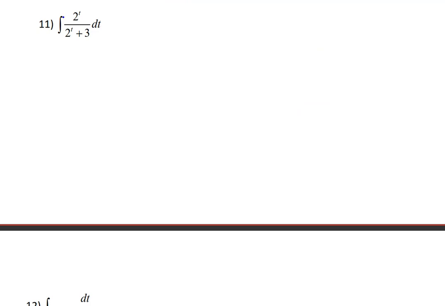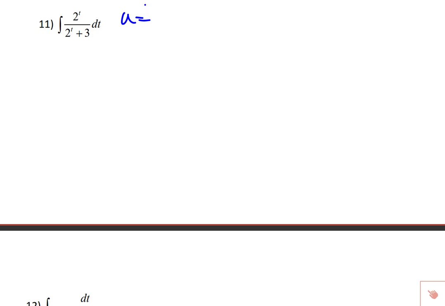For our next example, we have the integral of a fraction where the numerator is 2 to the t and the denominator is 2 to the t plus 3. Now we want to use a substitution to simplify this. We want to let u equal some part of this function whose derivative is also part of this function, perhaps off by a constant.